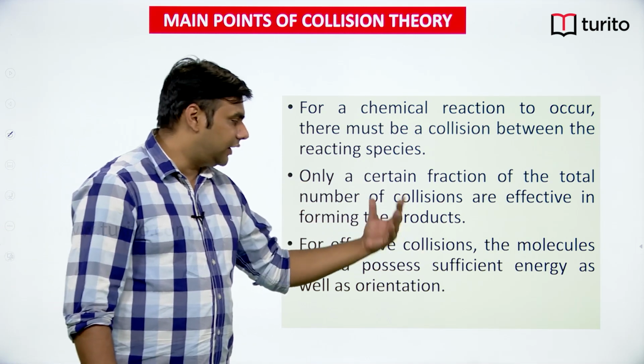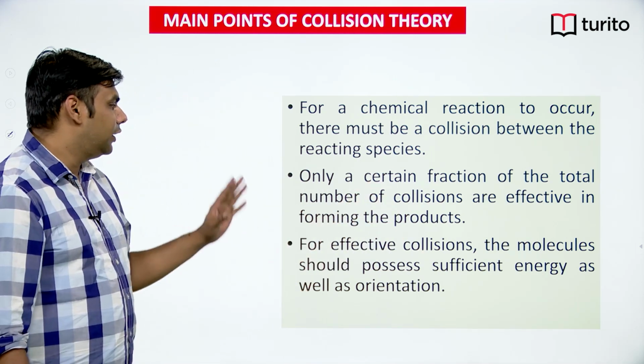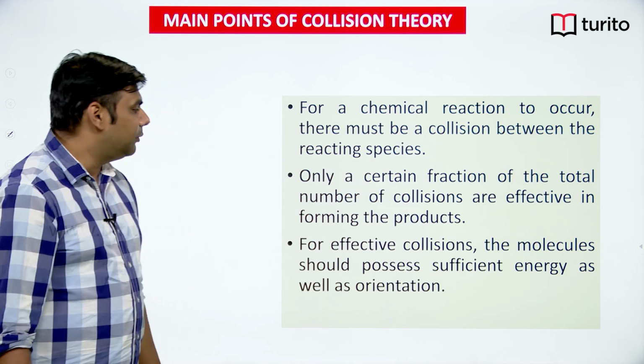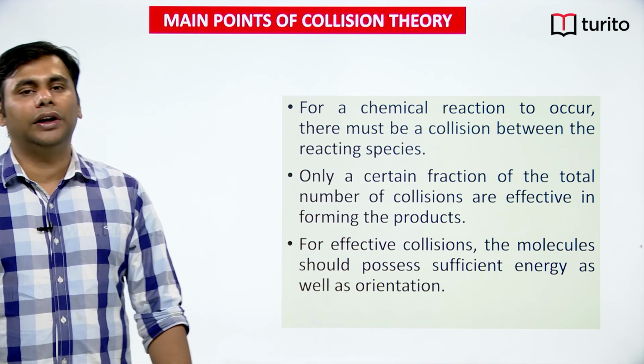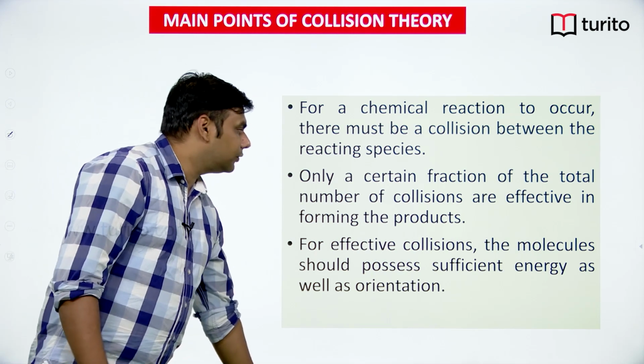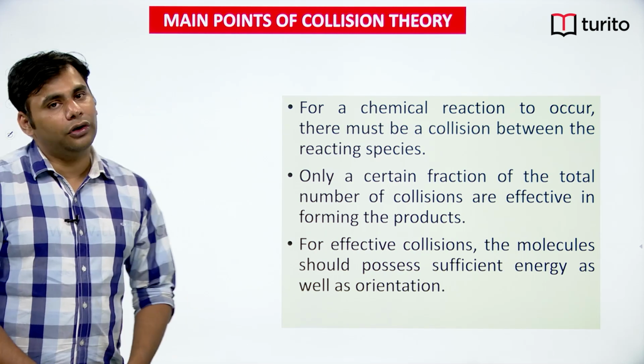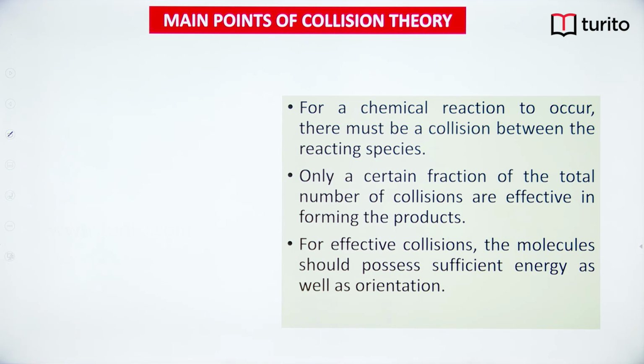For effective collisions, the molecules should possess sufficient energy as well as proper orientation. This is the main point of the collision theory. You can write it down quickly. I hope these points are clear to you.